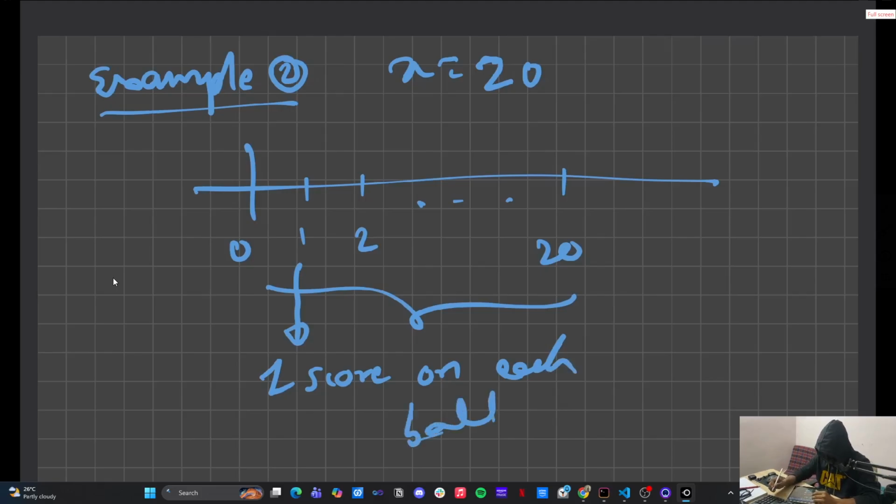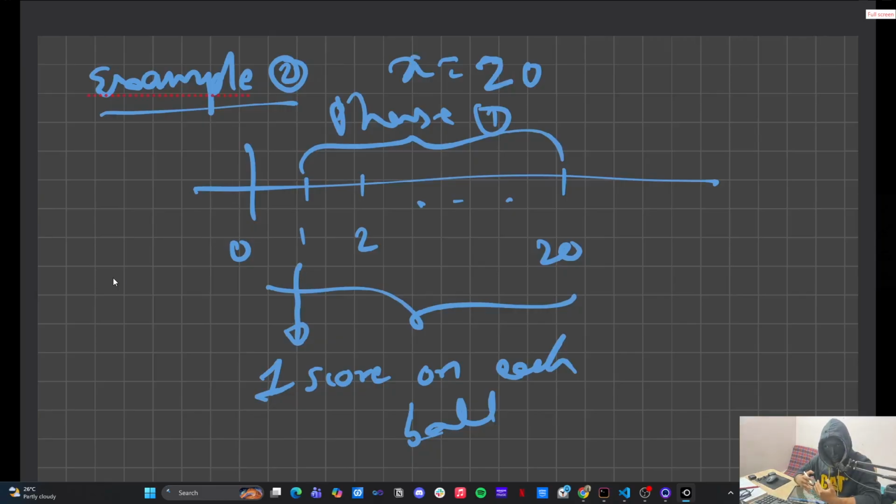This is phase 1. So if the total score is 20, which means Chef has not gone to phase 2. On each ball he'll be scoring only 1 run, so the total score is 20, which means he has not crossed phase 1. He was in phase 1 only.